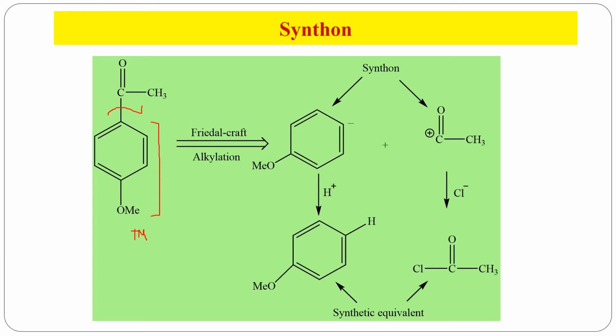When this is disconnected from here, the aromatic part gets negative charge and the carbonyl part gets positive charge. So these are the synthons, one negatively charged and another positively charged. But the synthetic equivalents, the chemical reagents used for this reaction, are anisole and acetyl chloride.